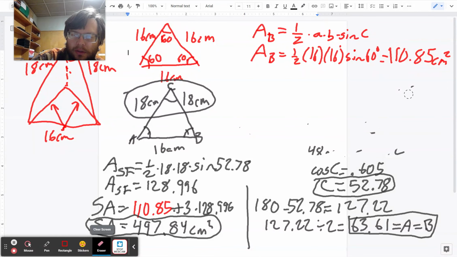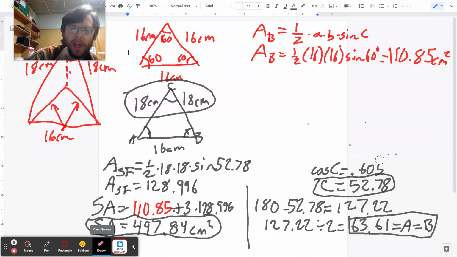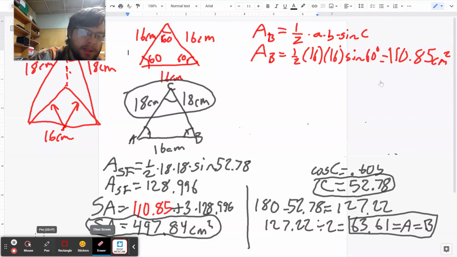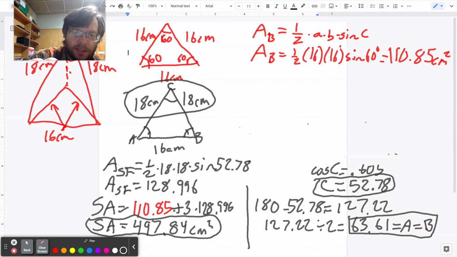So if I go halfway along the red triangle and then use the slant of 18, that forms a right triangle where the true height is missing. So all I need to do is find this distance right here on my red triangle from top to bottom. Well, I know I have 16 here and I have 60 right here, so I can use sine to find that.